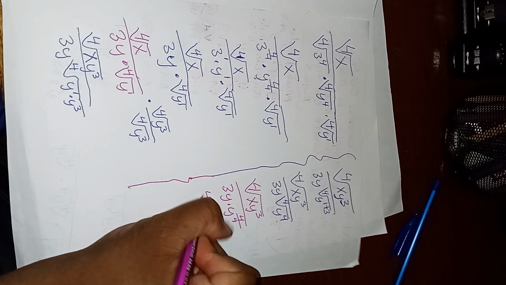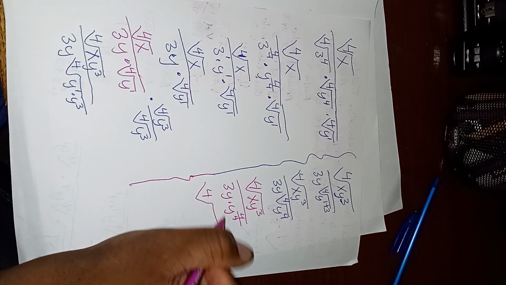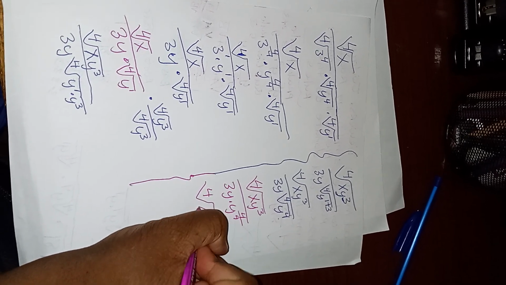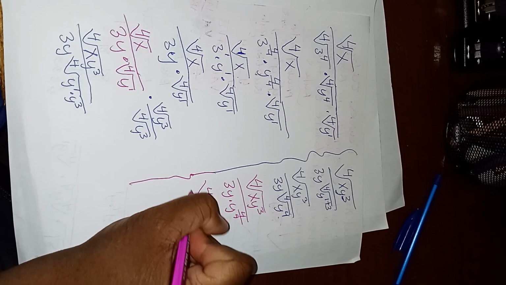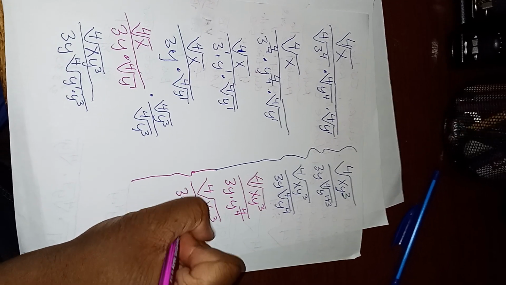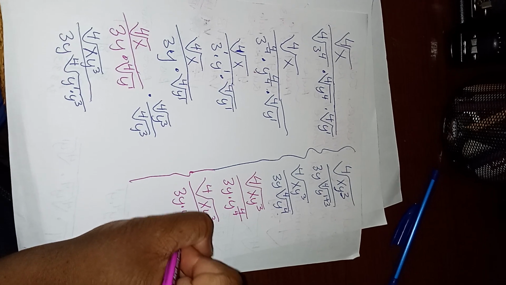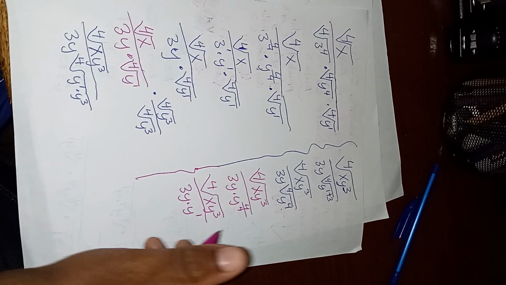So this is going to be the fourth root of xy to the third divided by 3y times y to the first power.